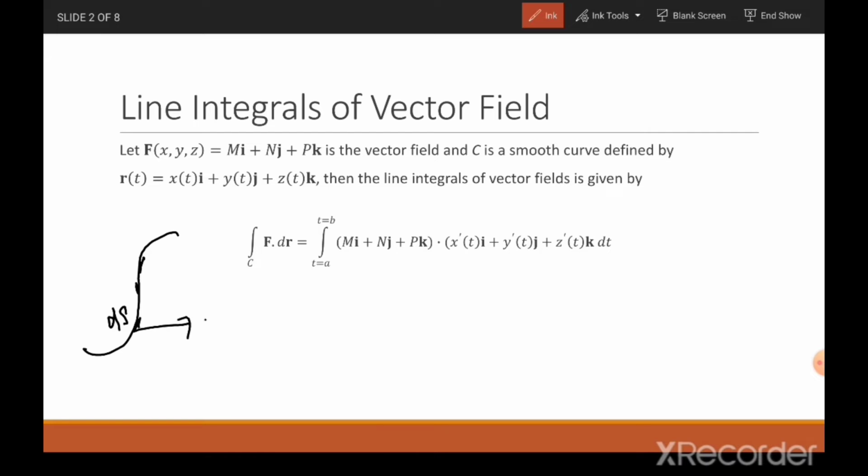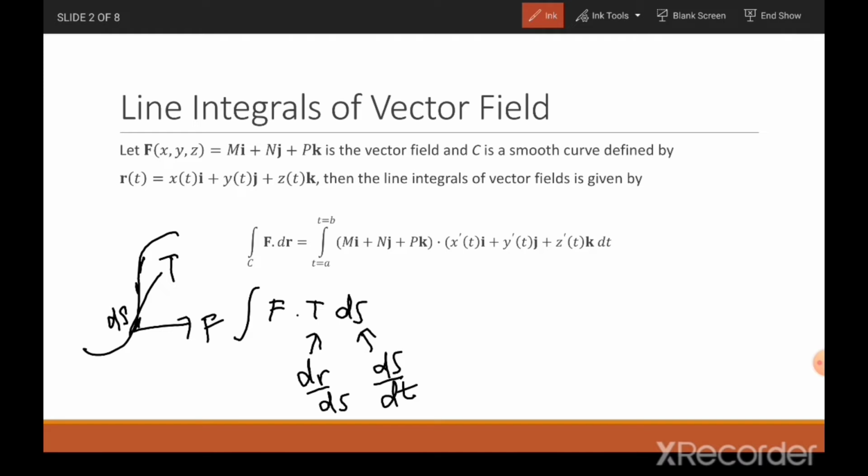Actually from the previous chapter, in the previous video, this is ds, force and tangent. When you integrate force times T, where T is the tangent, and the tangent is dr over ds, and ds is ds over dt times dt, then when you simplify, you remove all the ds and dt, and you get the formula for F dot dr. But this is just for your information.